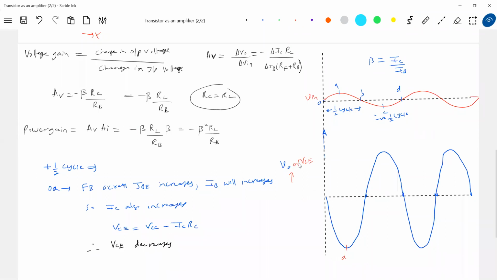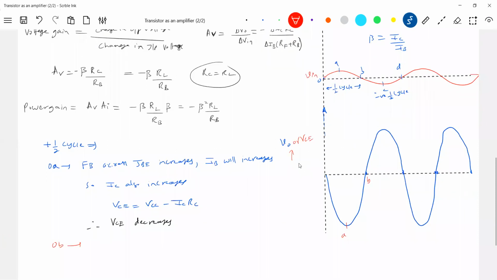Now come to this one. For AB, what happened? The forward bias starts decreasing. IB decreases, IC decreases. If IC decreases, VC increases. So from this value it starts increasing, and we get B. So for OB, forward bias across the junction decreases.